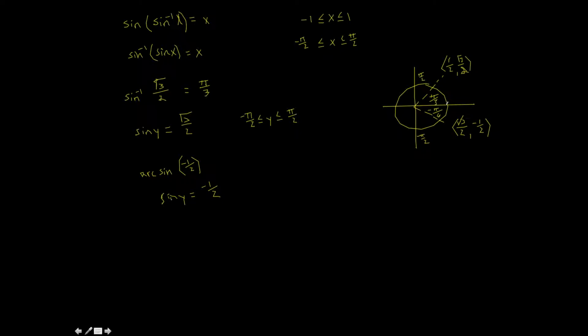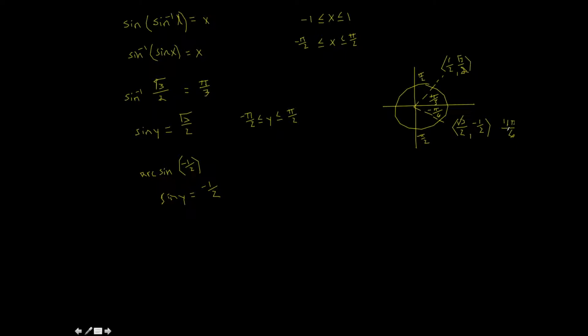Now, some of you are going to have to fight this off. Some of you have learned the unit circle just as that particular point on the unit circle is 11 pi over 6. And some of you have just learned it as that. You have to learn it in the negative direction to be able to do this.